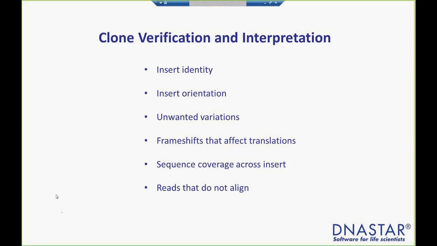And then, of course, variations can be introduced, or frame shifts that could affect a translation, or things like a fusion protein that might be generated. And then you can look for things like coverage across the insert. Are you validating the entire clone, or from across the entire insert? Do you want sequence data? And then any reads that don't align. And you take all this information together and interpret it. And of course, you can do this with SeqMan right now.